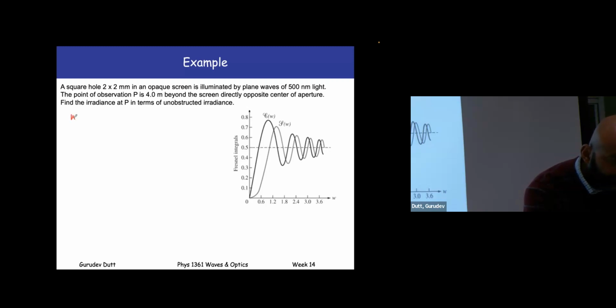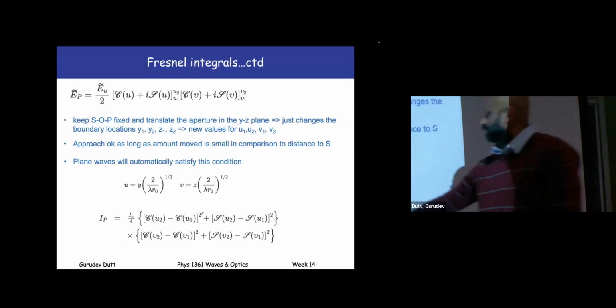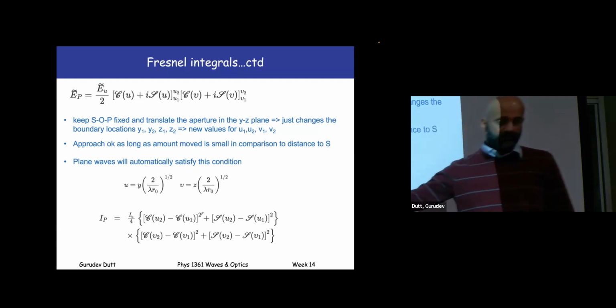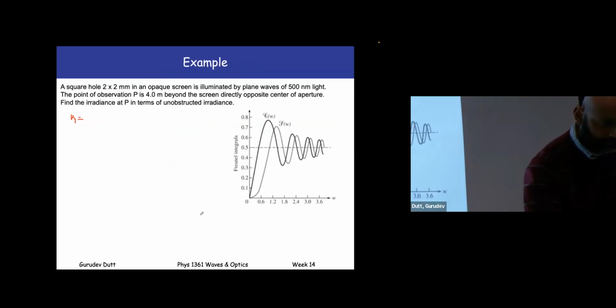So U1, I'm going to use the formula. If I go back here, it's just y times the square root of 2 over lambda r naught. So that's just a square root, and everything is known here. The y's are simply the distance to the edge of the slit. If I set up my coordinates at the center of the slit, the left edge of the slit is minus 1 millimeter.